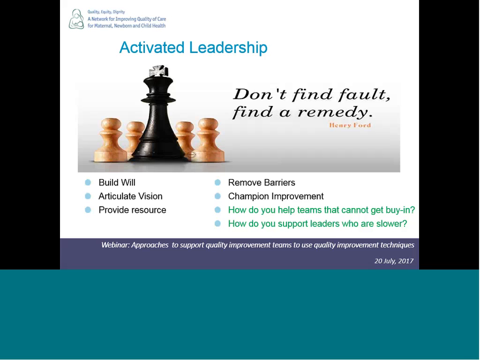But also, one thing that we've realized is, even if they get activated at that senior leadership level, sometimes they're also not able to support if there's a knowledge gap in terms of what is the expectation when they do QI. What is it that they need to be doing?